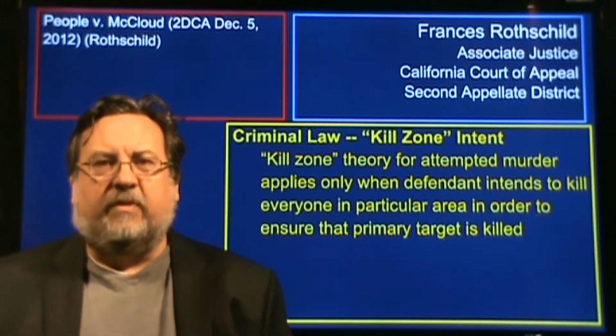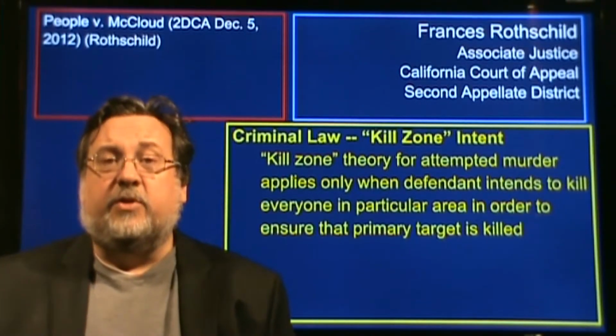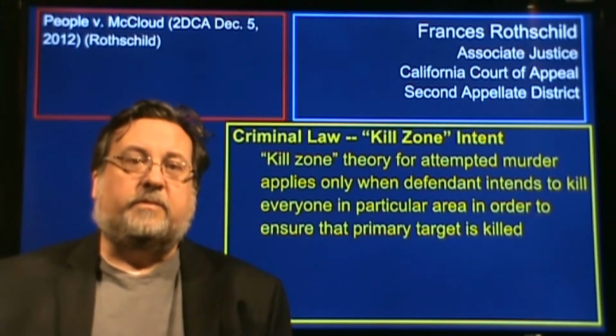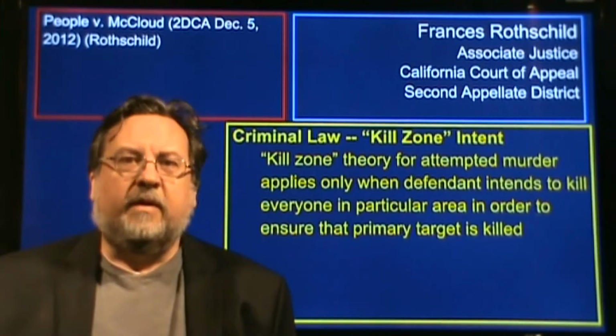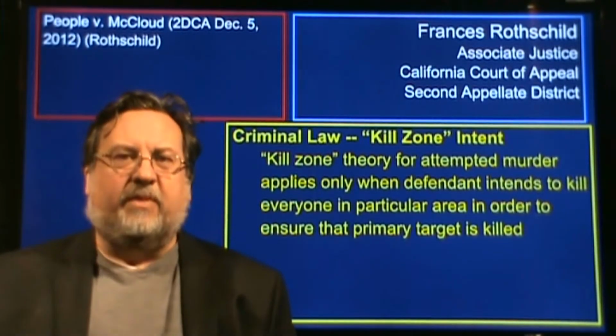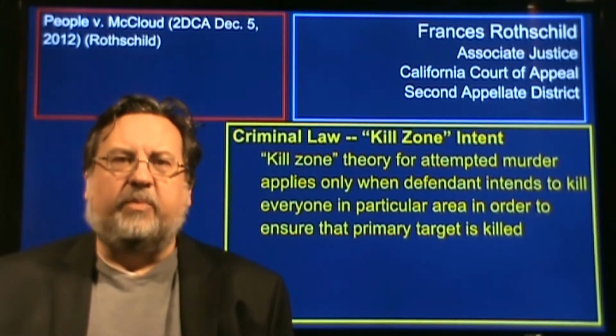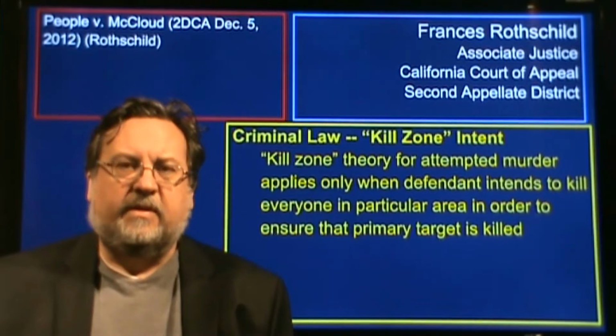The Second District reversed, finding error with the trial court's decision to instruct the jury on the kill zone theory. According to the court, the evidence was sufficient to support only 8 attempted murder convictions, the 7 bullets that hit no one, and the 1 bullet that injured one of the victims.